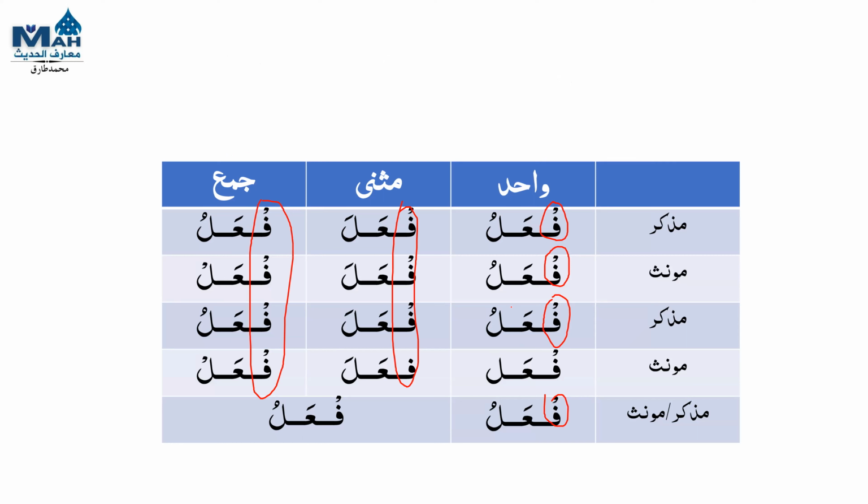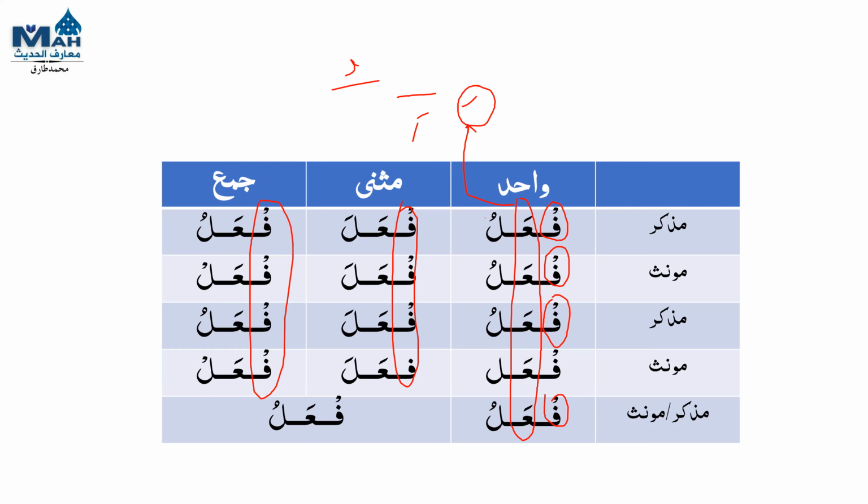And ain kalima will have dhamma. First time fatha, it can be kasra, and it can be dhamma. As you know, we have three weights in past and three weights in mudari also. But right now we are starting from fatha. So this ain, all of this will have fatha.